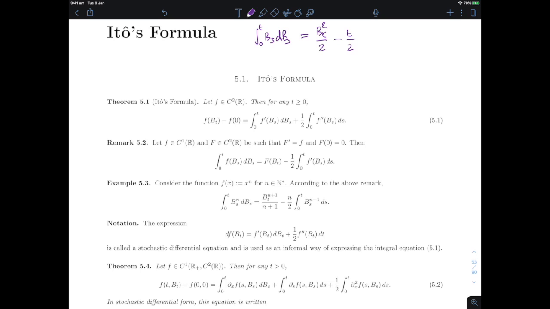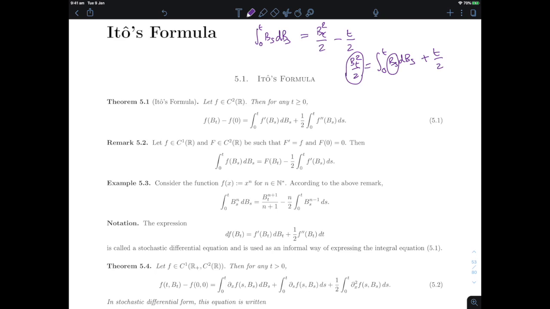Now you could reorganize that formula and tell me that B_t squared over 2 is the integral of B_s dB_s. So this is a certain function of B_t, and this is the derivative of that function. But then you have to add to that the term t over 2.